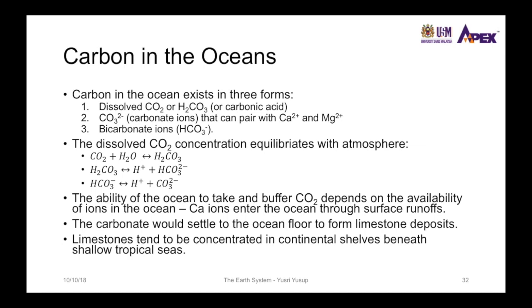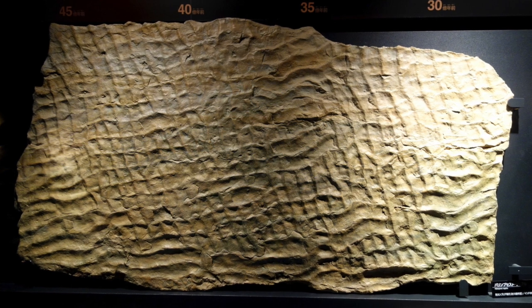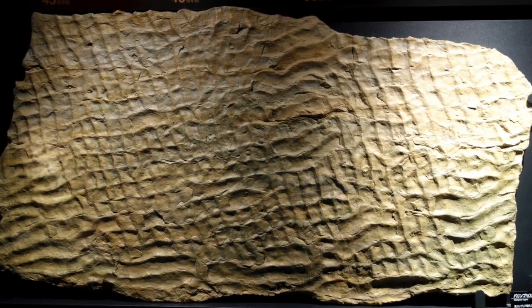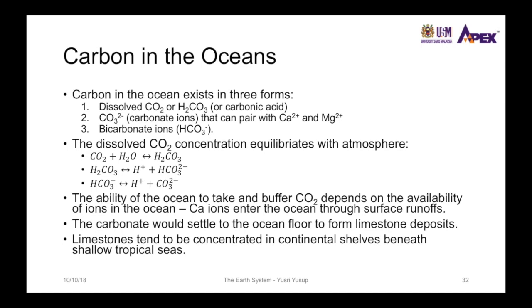The carbonate that's created from the combination of carbonate ions with the metal ions will settle to the ocean floor to form the limestone deposits. And these limestones tend to be concentrated at the continental shelves, or areas of the oceans that are shallow. There'll be more limestones in these continental shelves in areas of shallow tropical seas.